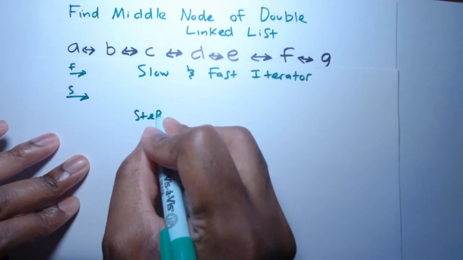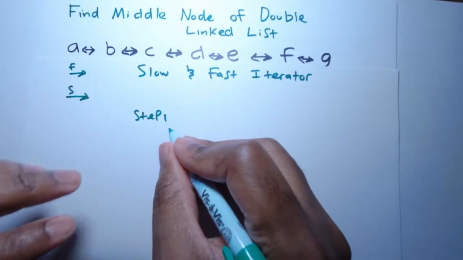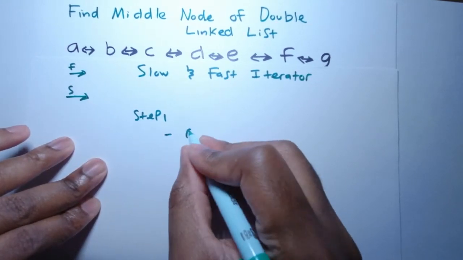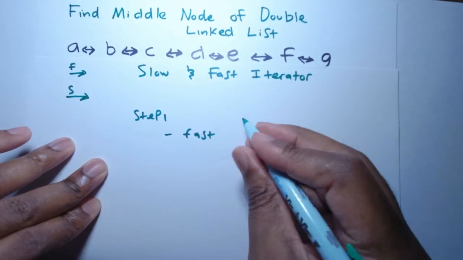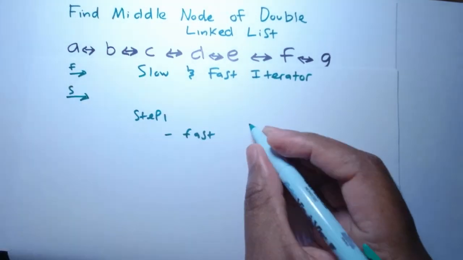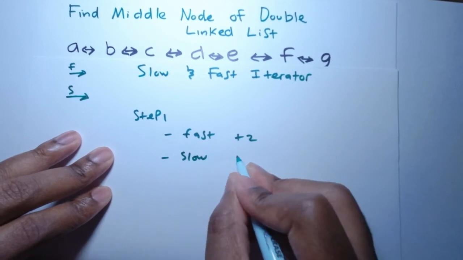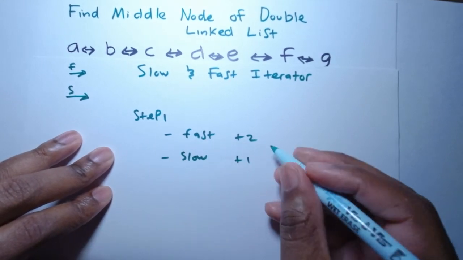And similar to the previous approach, this approach only has one step. The fast iterator is incrementing by 2 every single time. So we plus 2, and the slow iterator is incrementing by 1.